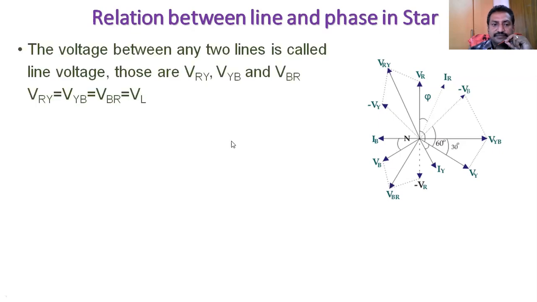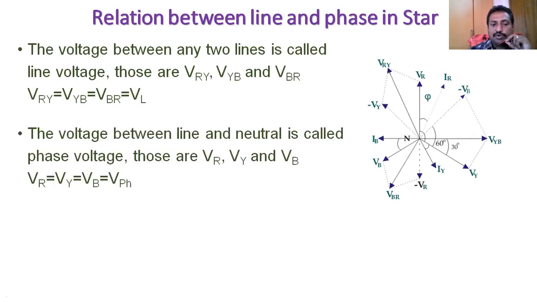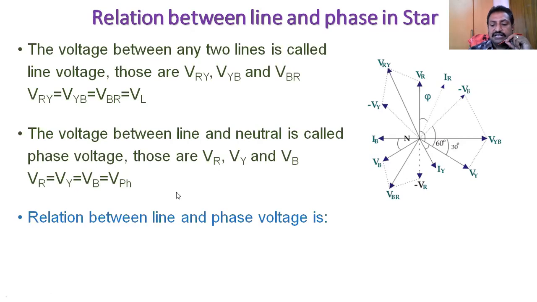Then we want to calculate the line voltage. Line voltage means between RY, between YB, between BR. So VRY, VYB, VBR should be equal to the line voltage VL. How to get this? VR, VY, VB are equal to the phase voltage, already represented. Then what is the relation between line and phase voltage? Here we want to get VRY, which is VR minus VY. So this is VR, and VY is taken with a minus, and this vectorial sum is called VRY.